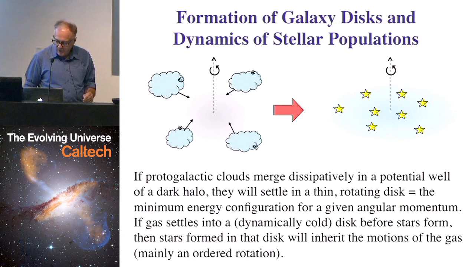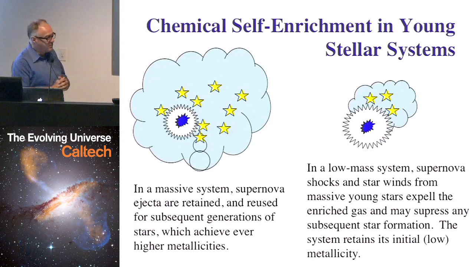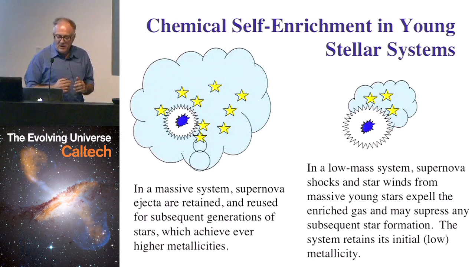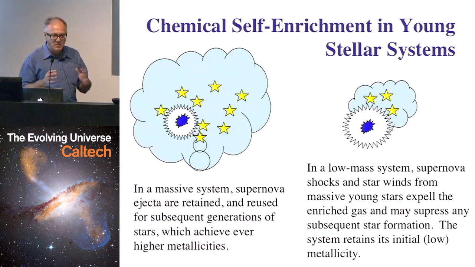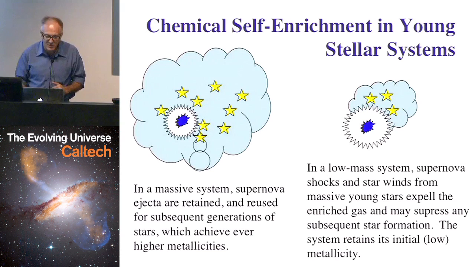One other important thing is, well, you make stars, big stars explode, they release newly formed chemical elements. What happens with that stuff? Well, if you have a really massive galaxy, the potential well is deep, the supernova shell might expand, but then turn around and fall back, mix with the rest of the interstellar material, and be used to make new stars.